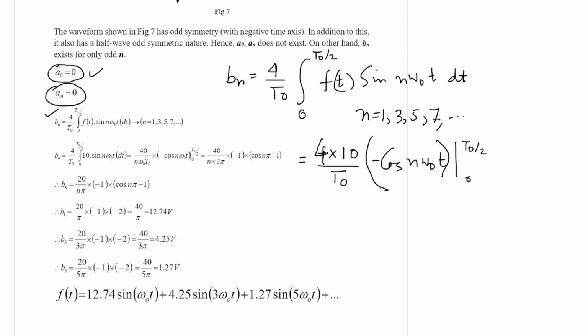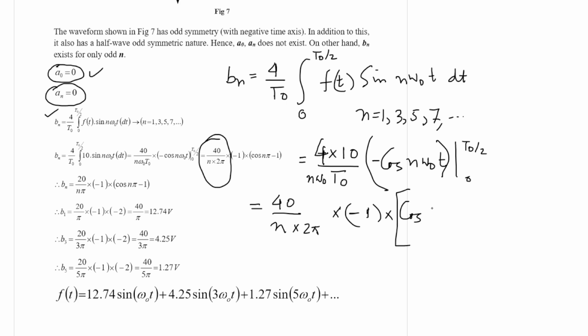And with that we must have this term, n omega naught t. So you see that 40 by n, now omega naught T naught is equal to 2 pi, that into minus 1, now cos n omega naught, in place of t you substitute t naught by 2, and then it will be minus cos 0, that means it is 1.